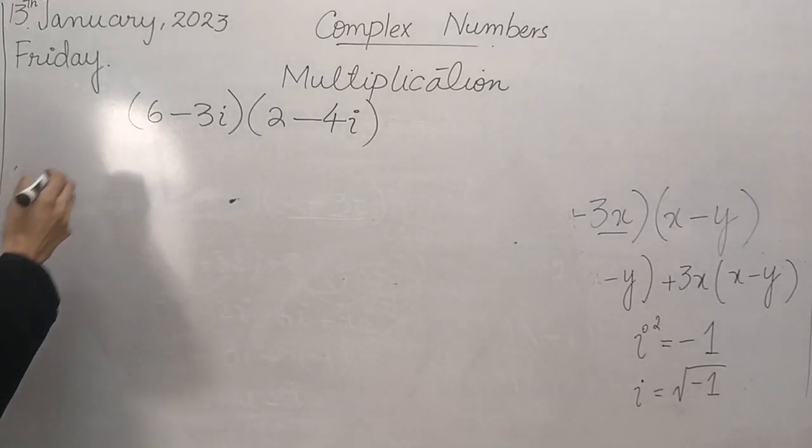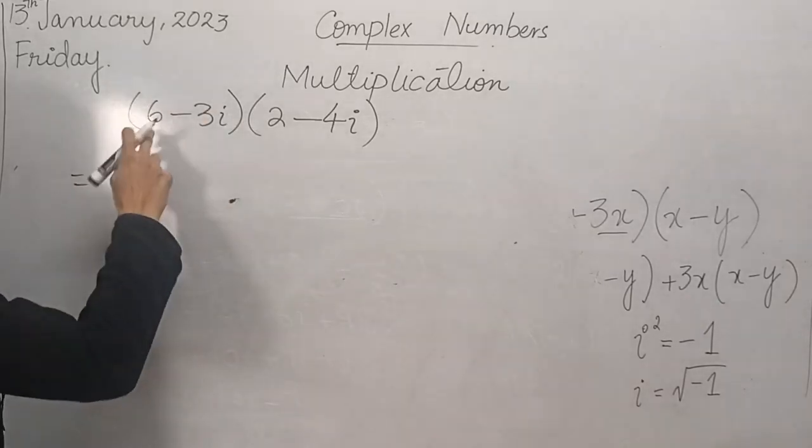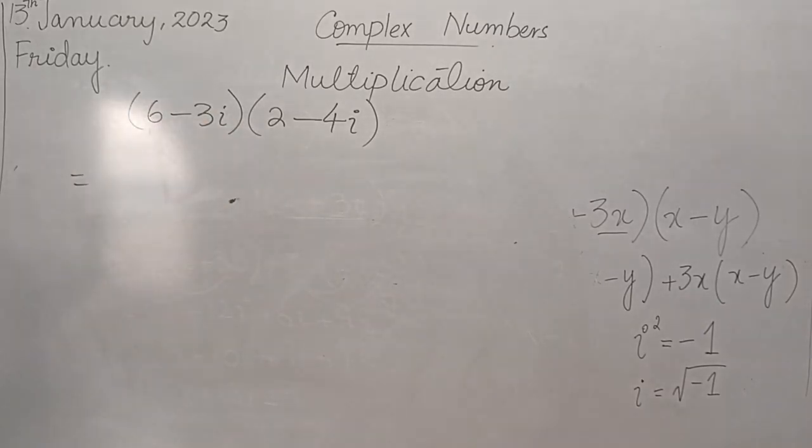First of all, what will we do? Will we multiply real with real number and imaginary with imaginary number? Is it possible? No. This rule is for addition and subtraction. Perform operations of addition and subtraction real with real and imaginary with imaginary.